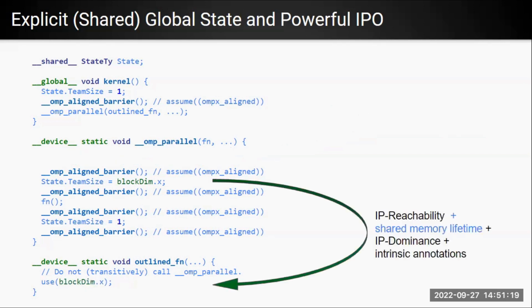Okay, second thing we do is, again, interprocedural reachability, shared memory lifetime, and then we use interprocedural dominance information to say, okay, the only call to this outlined function is here. Because this write cannot reach this function, but both of those writes can reach this function, right?